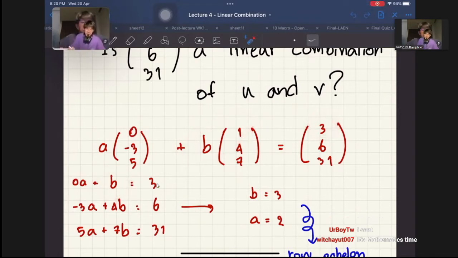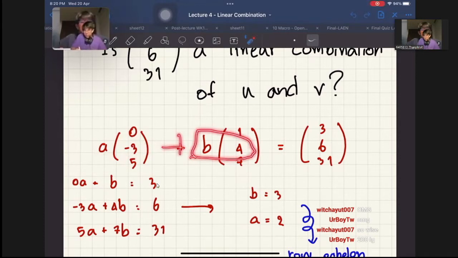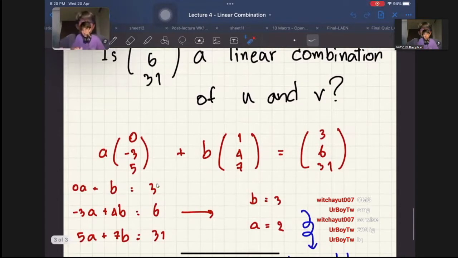You will get b equal to 3 from the first equation. The second and third equations are the same as the first question. You use a times -3 plus b times 4, you will get 6. The third equation is done the same way. You will get these three equations. So you just solve it.